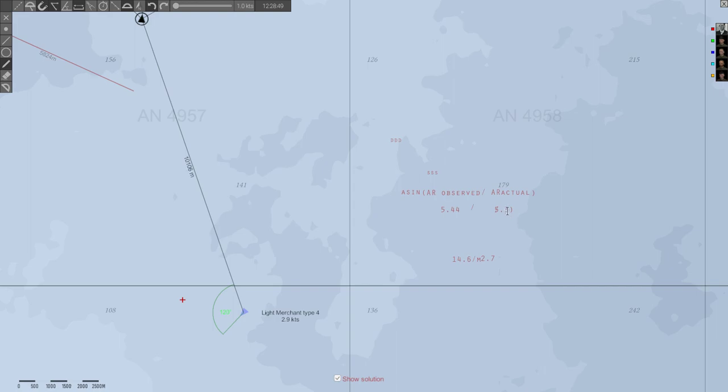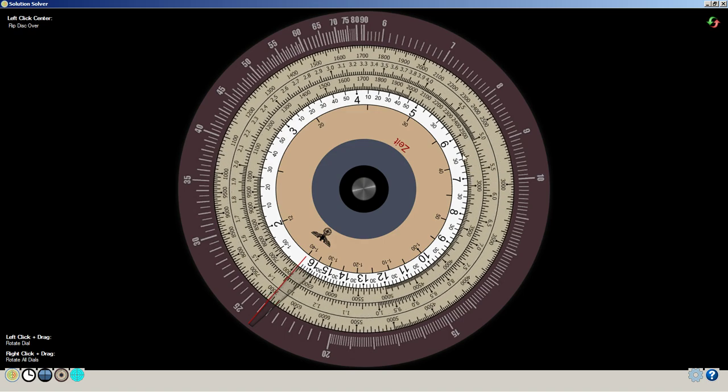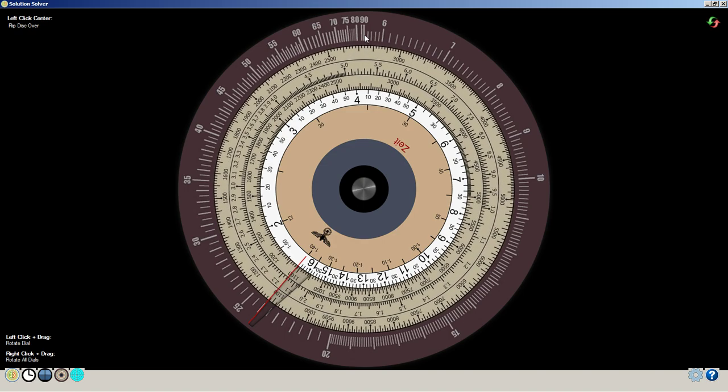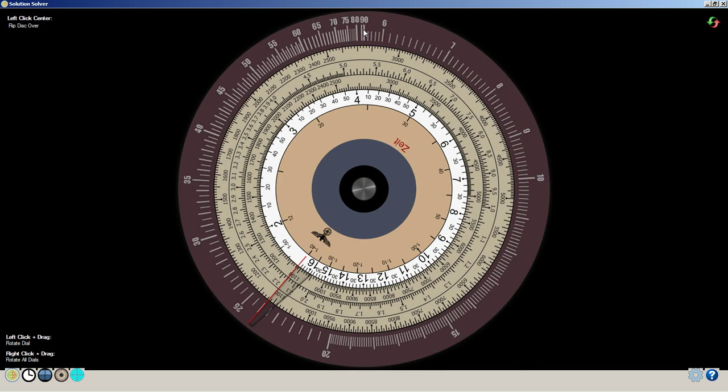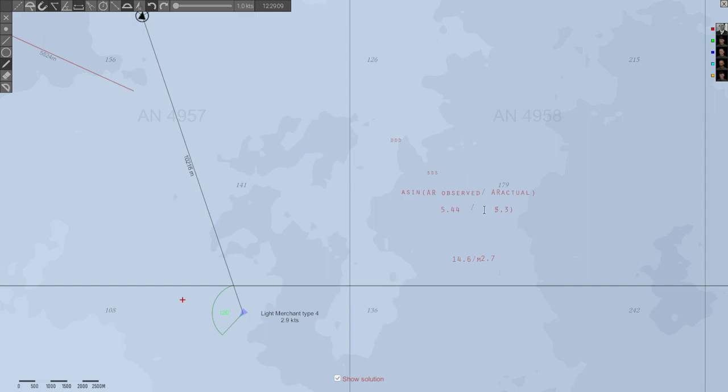So I take the 5.3 and set it to 90. 5.3, let's use this style now. 5.3, 1, 2, 3, set it to 90. Okay, we're doing division by 1, meaning we don't want to change the value. 5.3, set it to 90. Okay, now I want to find the degrees on the outer scale that align with 5.44.